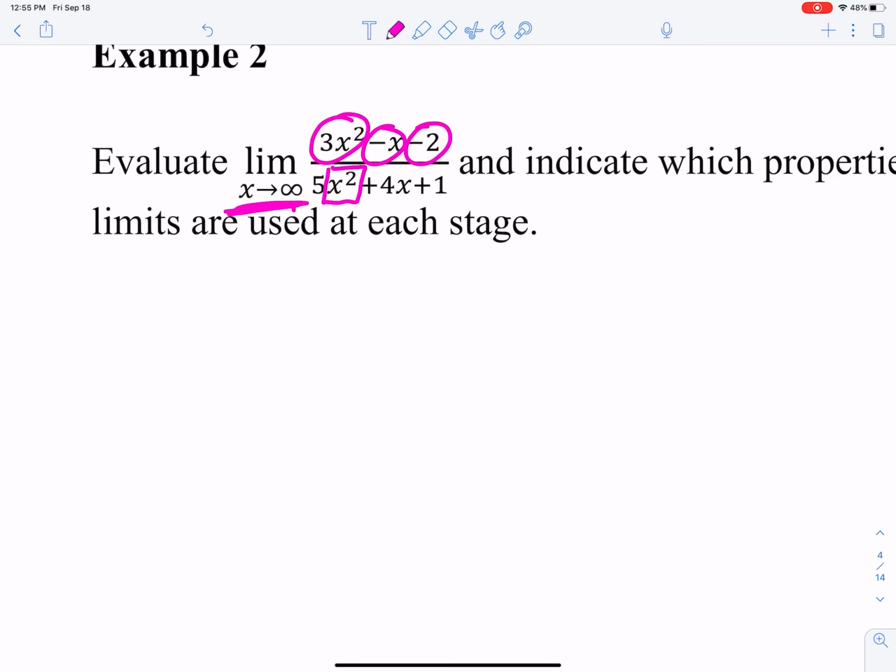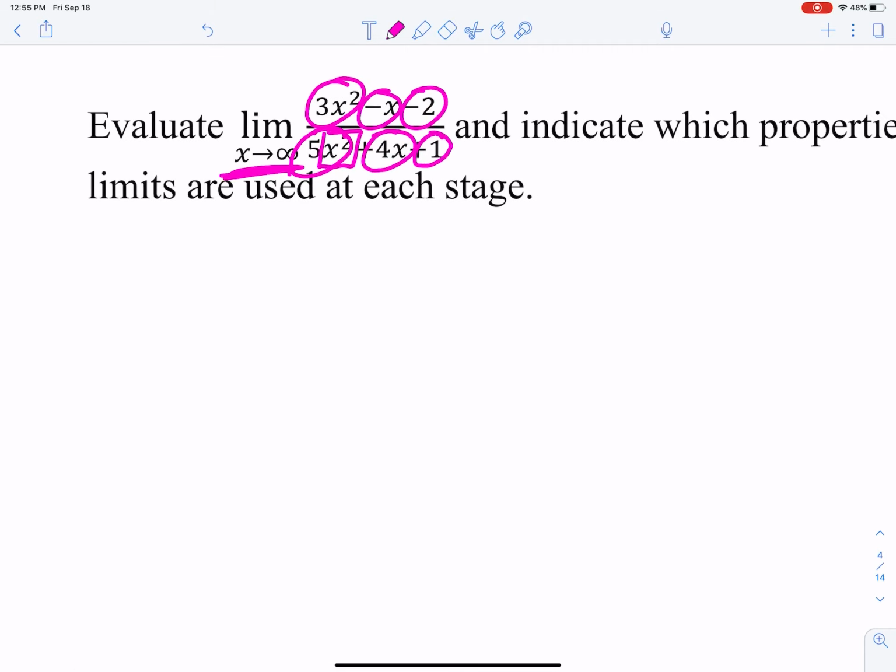Remember, terms are separated by addition and subtraction. We're going to divide every single term by that x squared, by the variable with the largest exponent in the denominator. So we've got the limit as x approaches infinity, and I'm going to write it like this. 3x squared minus x minus 2 over 5x squared plus 4x plus 1.